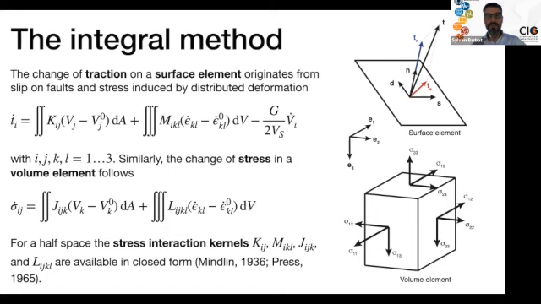So an equation that describes this type of coupling is the first one on this slide, where the rate of traction in any direction results from the stress interactions due to the fault slip. So that's the first double integral over fault areas, and tractions that come from strain rates, distributed strain rate in the surrounding rocks.